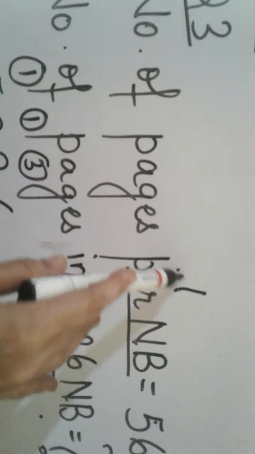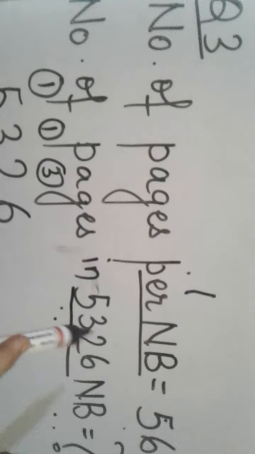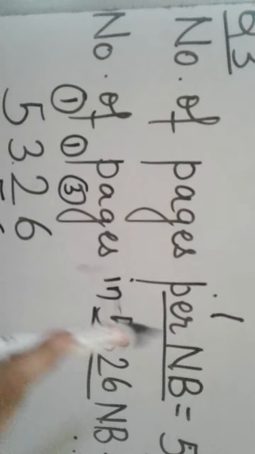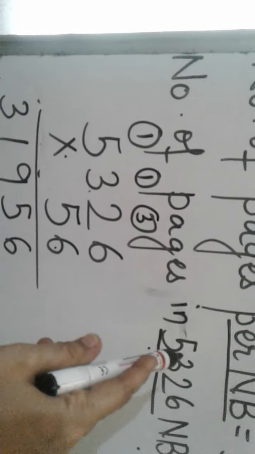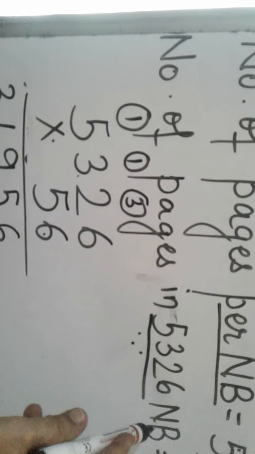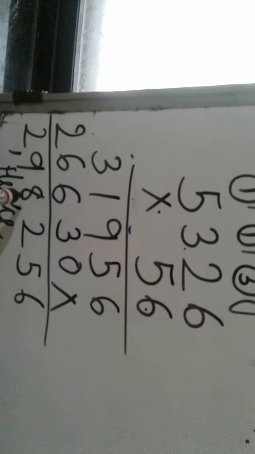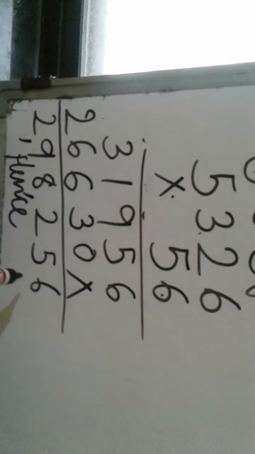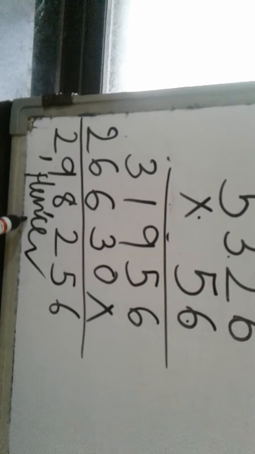So for 1 it is given, and for many you have to find out, so here we have to perform multiplication. And finally you will write, hence the number of pages in 5,326 notebooks are 2,98,256.